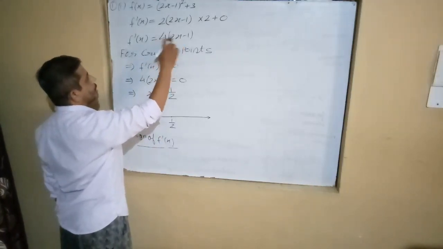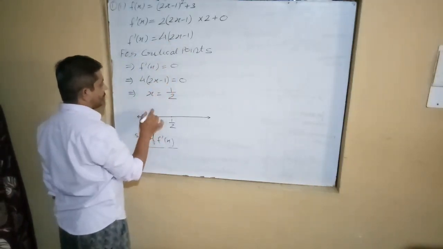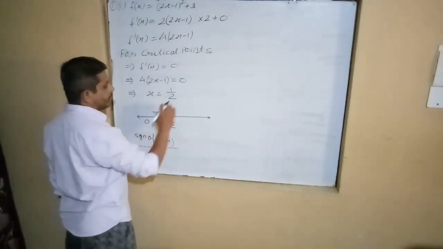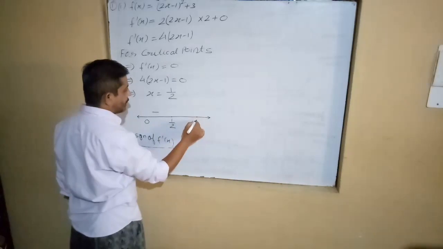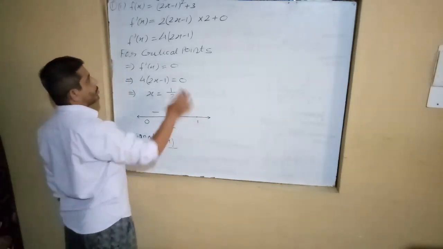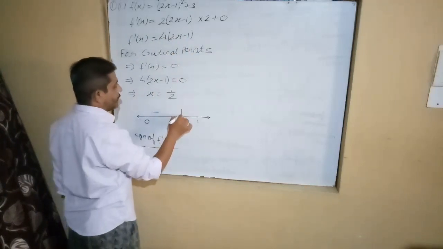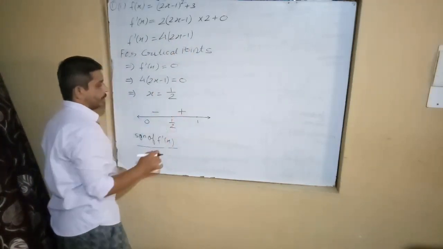So at the point 0, 2 zeros are 0, 4 times minus 1 is minus 4, meaning a negative value will come. In the right hand side, suppose we put 1. So 2 ones are 2, 2 minus 1 is 1, 4 is a positive value. So minus to positive.